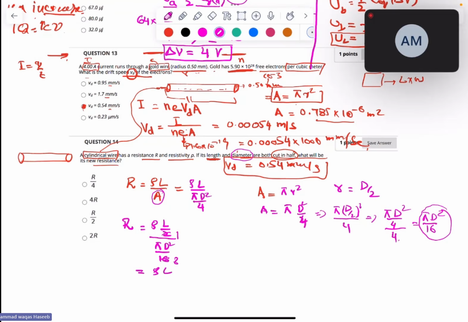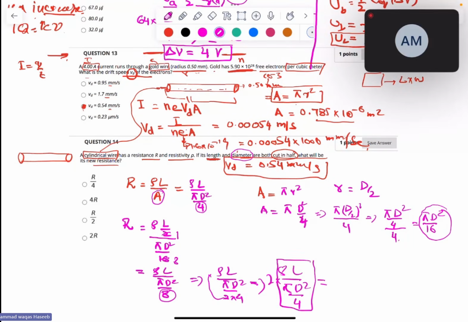So rho L over pi d square over 8. So here is 4 and here is 8. So we can write it as rho L over pi d square, 2 multiplied by 4, and this 2 will go up, and this is the same resistance we had.